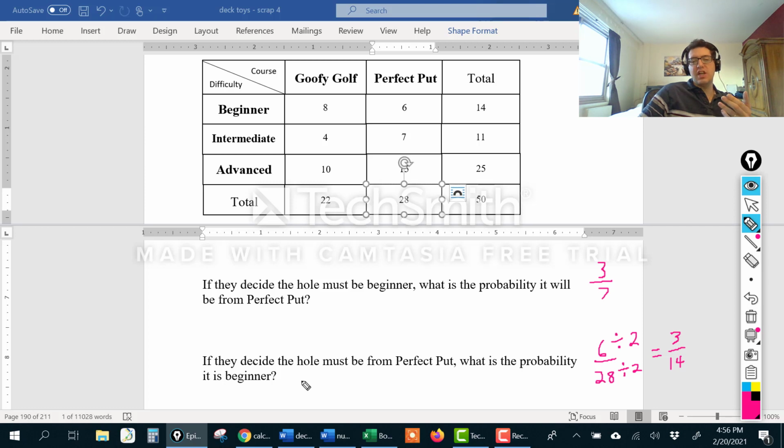So there's less of a chance that if they already go into it knowing that they want to play at Perfect Putt, there's less of a chance that the hole they pick is a beginner hole, as opposed to if they already knew that they wanted to pick a beginner hole, the chance that it would be from Perfect Putt is only 3/7, which is actually a greater fraction, so it's a greater probability. They have more of a chance of this happening than of this happening.